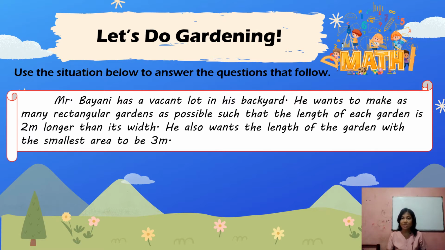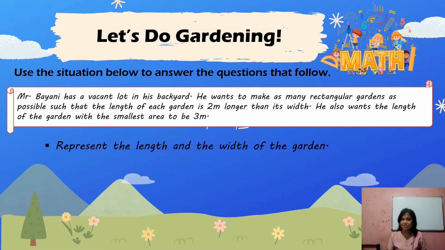Let's follow the following steps. First is to represent the length and the width of the garden. Of course, we need that. Let's look at our given. He wants to make as many possible gardens such that the length of each garden is 2 meters longer than its width.